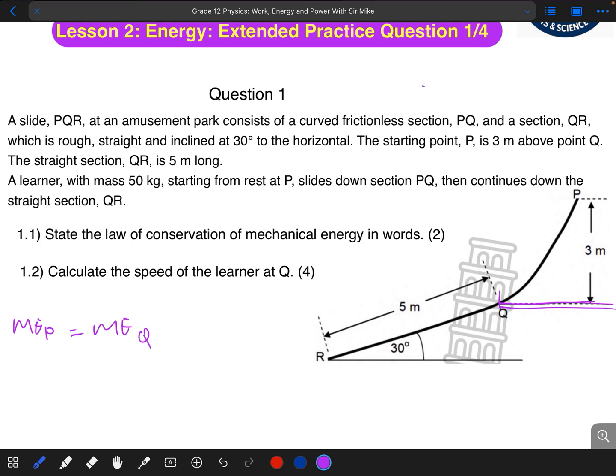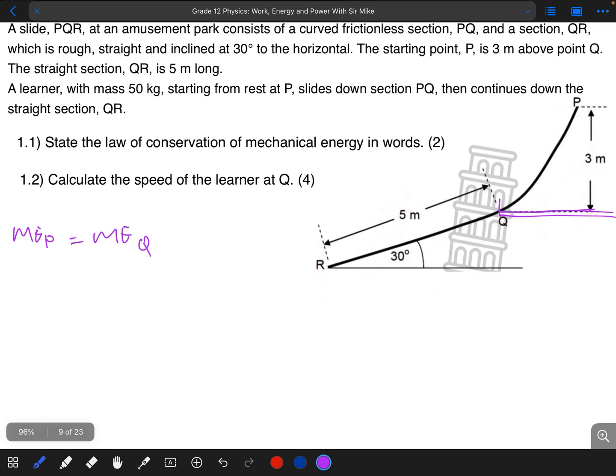If we expand this, it simply becomes mgh at point P plus a half multiplied by the mass multiplied by the speed squared at point P. Remember that the mechanical energy is the sum of the object's kinetic energy plus its potential energy, which is what we have there.